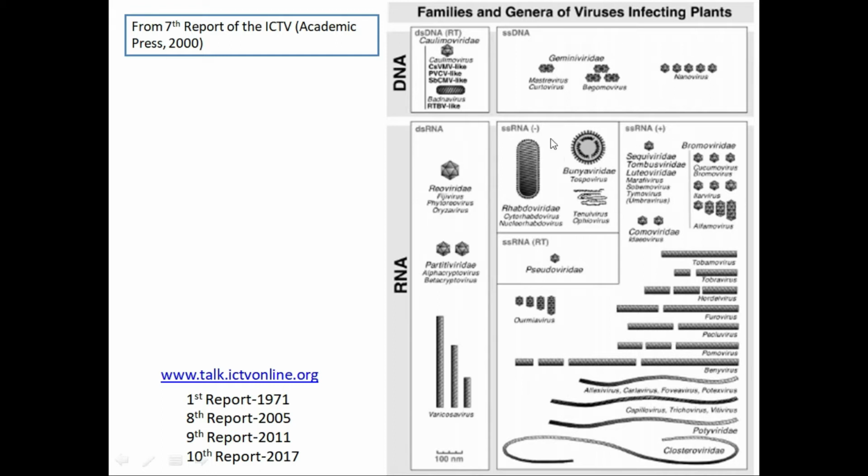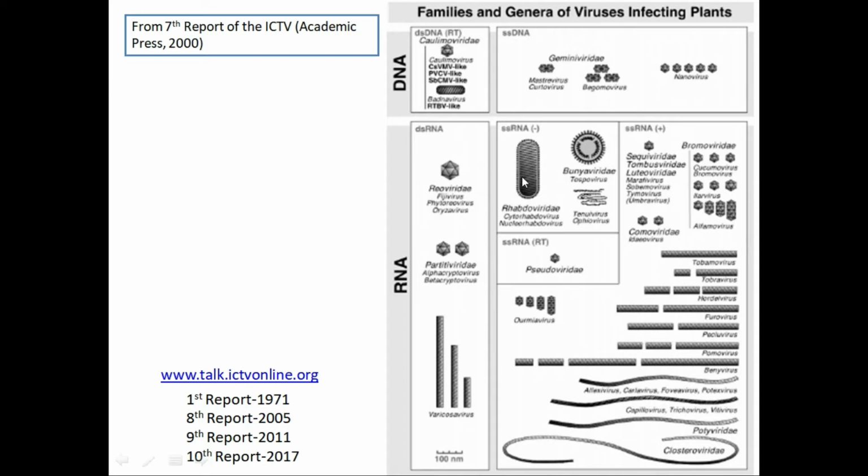And again, among single-stranded RNA genomes, we have two types. One is minus type, another is plus type. So minus sense single-stranded RNA genome and plus sense single-stranded RNA genome. Under minus sense single-stranded RNA genome, we have these examples: Rhabdoviridae is a family under which we have many genera.